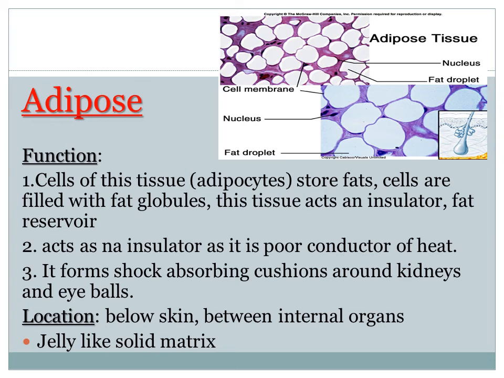It is found beneath the skin, between internal organs. It forms shock absorbing cushion around kidneys and eyeballs. This tissue also acts as an insulator as it is poor conductor of heat. It reduces heat loss from the body.